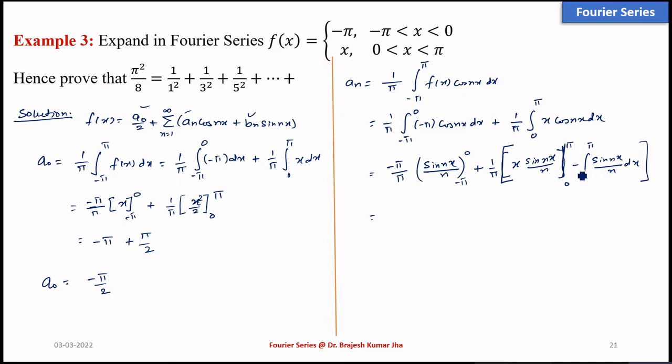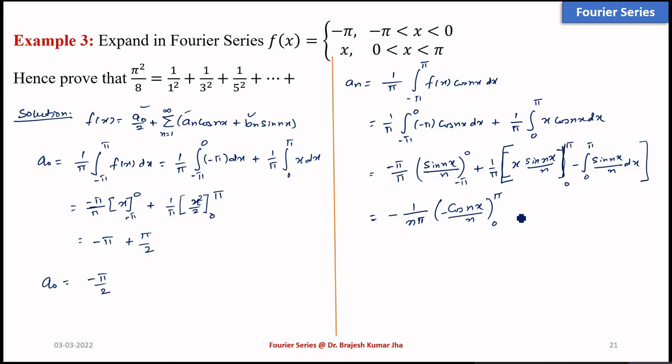So it is minus 1 by n pi that we can take outside. Okay. And integration of sine nx is cos nx by n, but the minus sign should be there, 0 to pi.